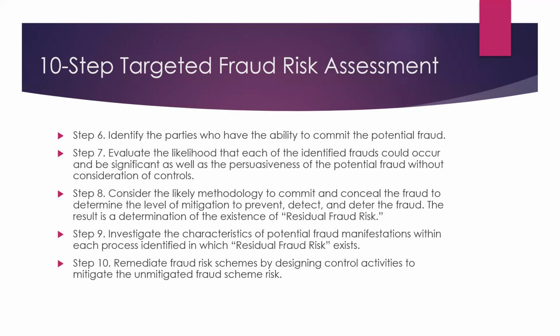So we're going to think about, okay, here's this risk. What's the likelihood that it could happen on this kind of 3-point scale, as well as the significance. So management should address those fraud risks that have more than a remote likelihood of having more than an inconsequential effect.